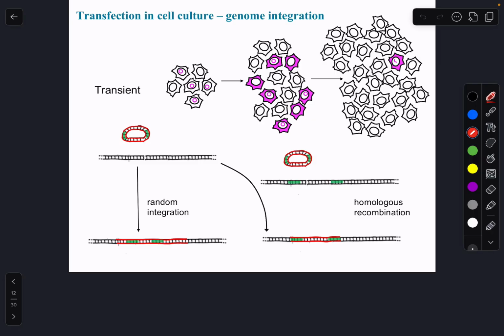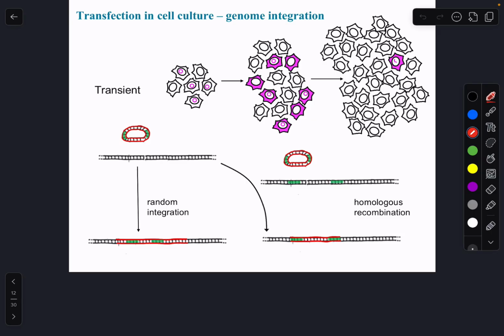Other times, what the cells will do is see if there is any region of homology, any region of those circular DNAs that it can detect are homologous or share sequence similarity to other regions in their normal chromosomes. And if they find such homology, then there is a process called homologous recombination, by which the cell has a way to reincorporate that DNA into where it thinks it belongs.